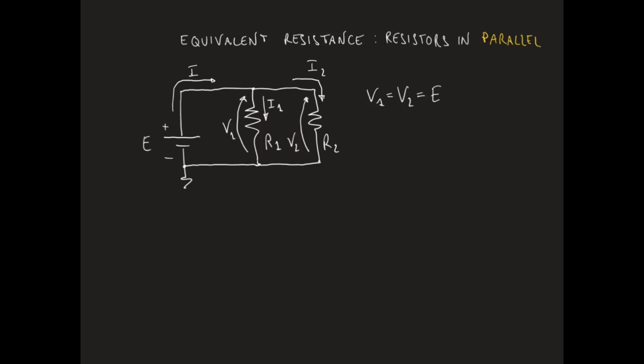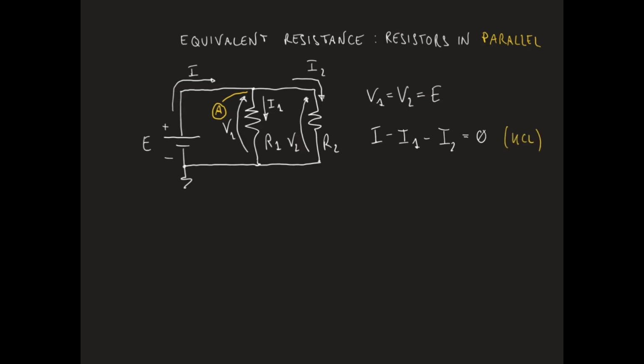Let us apply Kirchhoff's law for currents at node A in the circuit. According to Kirchhoff's current law, assuming that the current is positive if entering the node A, we can write that I minus I1 minus I2 is equal to 0.